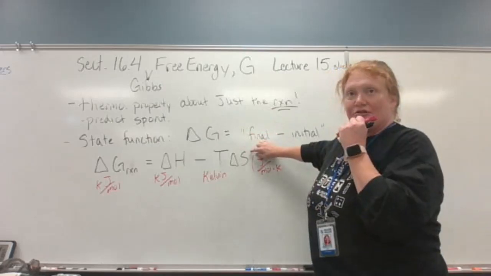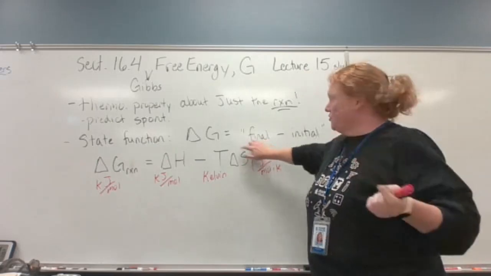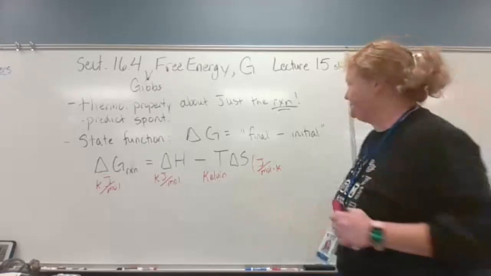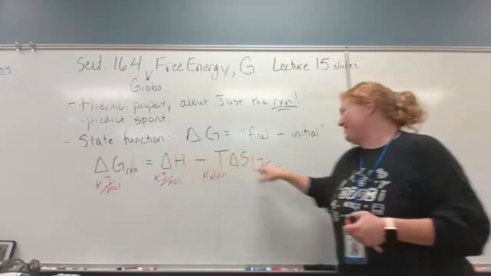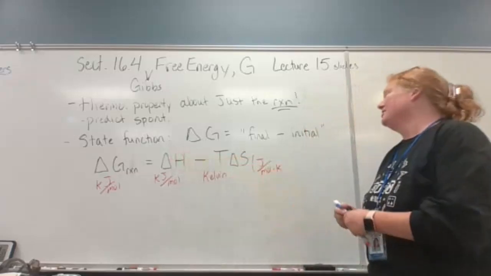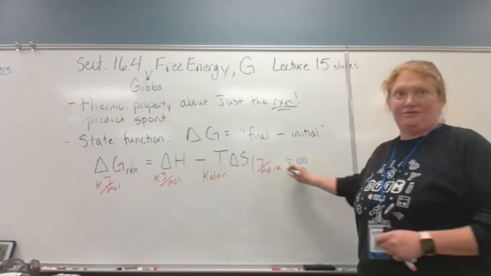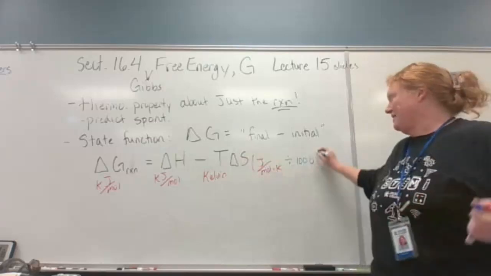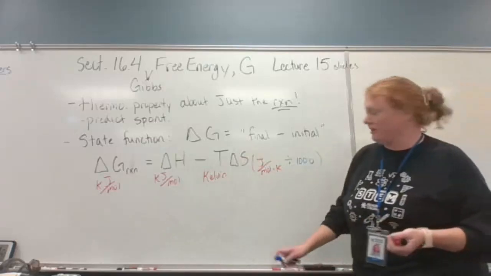You can certainly use standard values here, with the degree sign. Or you can calculate delta S in any of the other ways we did yesterday. Okay. What are we going to have to do to do this math and get our answer in kilojoules? We're going to have to divide delta S by 1,000, right? That will put it in kilojoules per mole Kelvin.